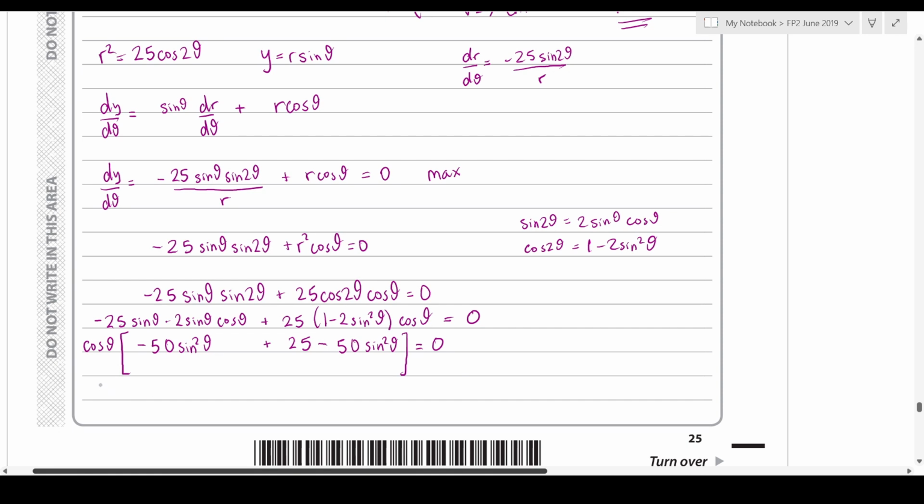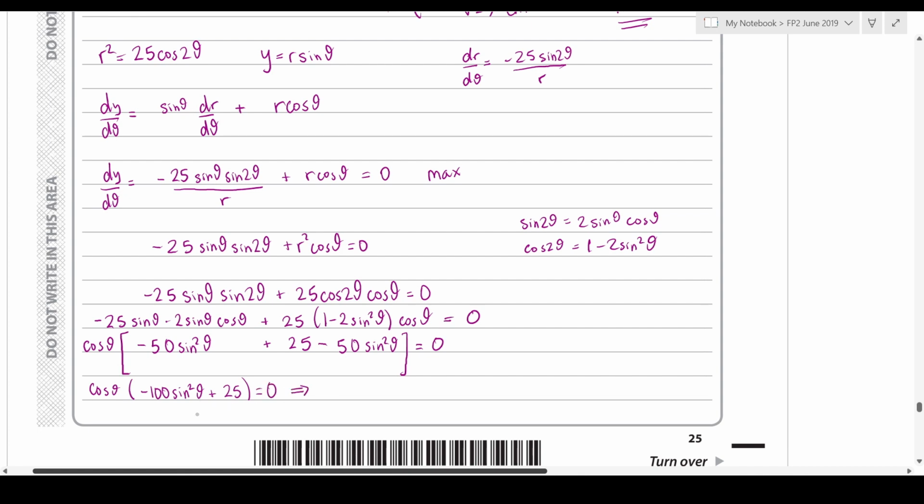So then we've got cos theta, brackets, minus 100 sine squared theta plus 25 equals 0.